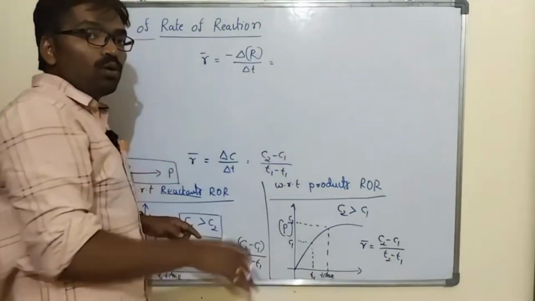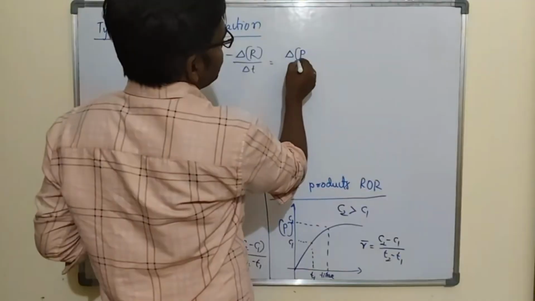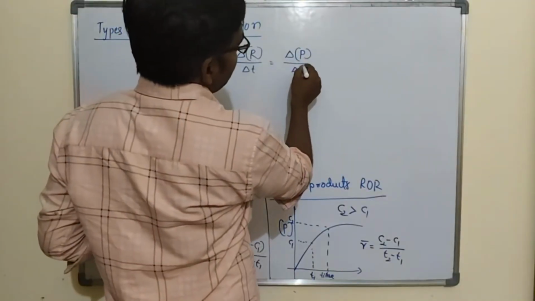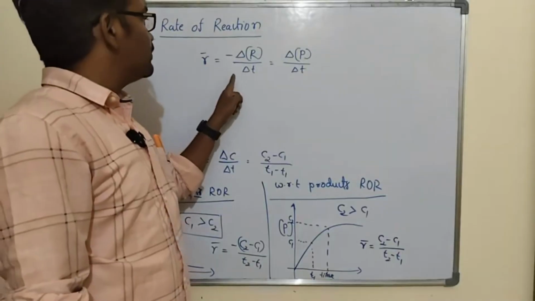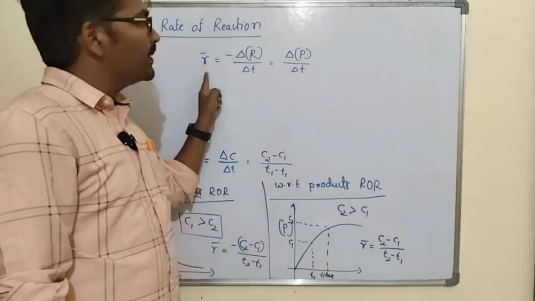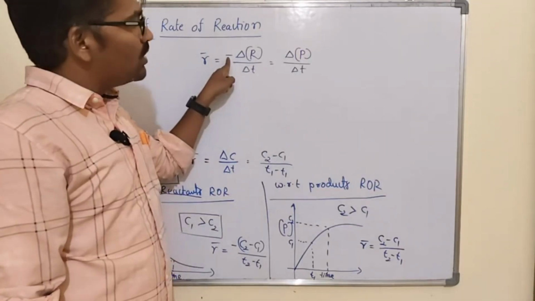With respect to the products, simply delta concentration of P divided by delta T. So this is the expression of the rate of reaction for the average rate of reaction. When we are considering reactants, negative sign you have to take.